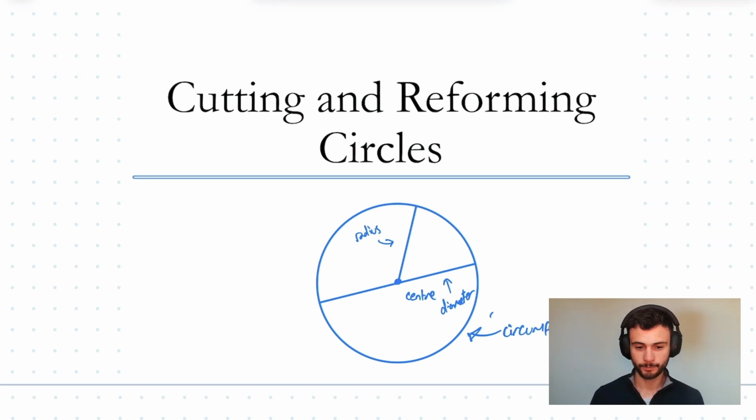Now, that's probably all of the key terminology you need for this lesson. I'll just tell you a few more key parts though. If you have part of a circumference, it is called the arc length.